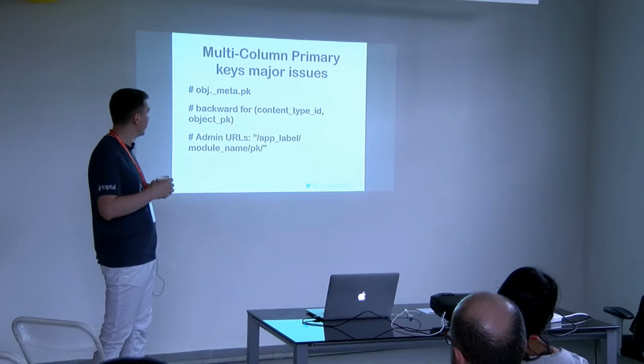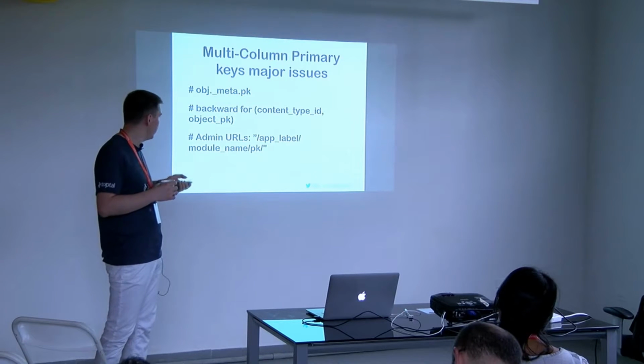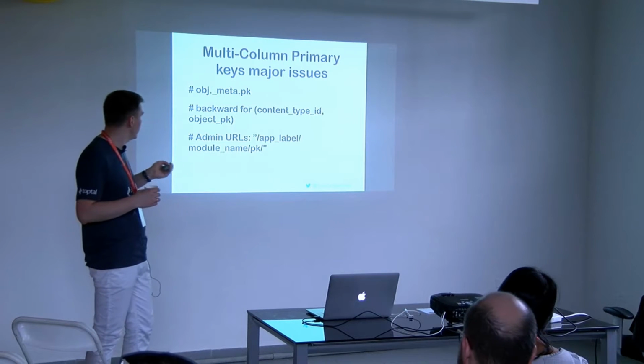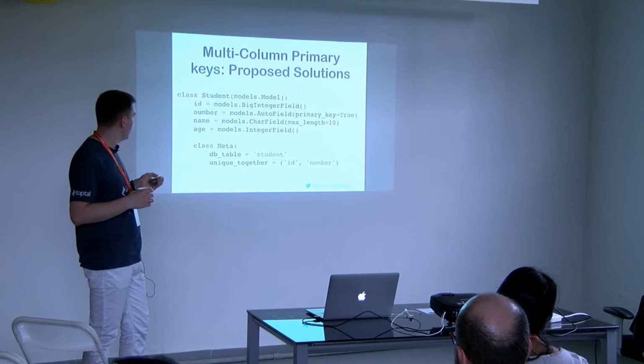Why does it happen? First, the limitation is in the object's Meta primary key, and there is lots of code depending on this in the admin and contrib code. For instance, we automatically generate app label, module, primary key. We need some backward compatibility for content types. There are some issues with that.